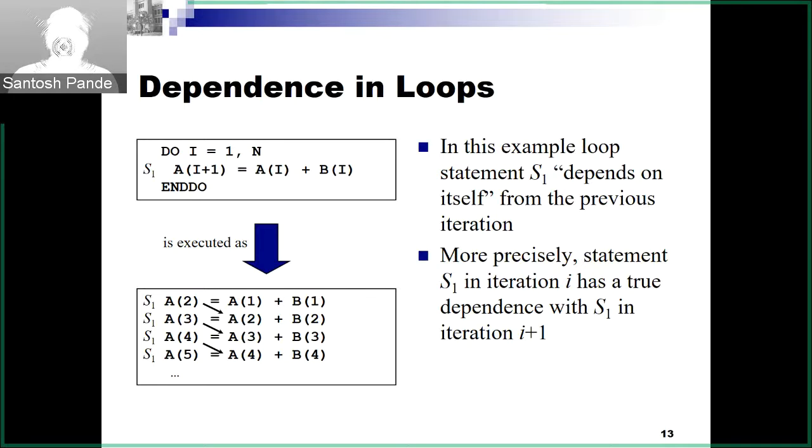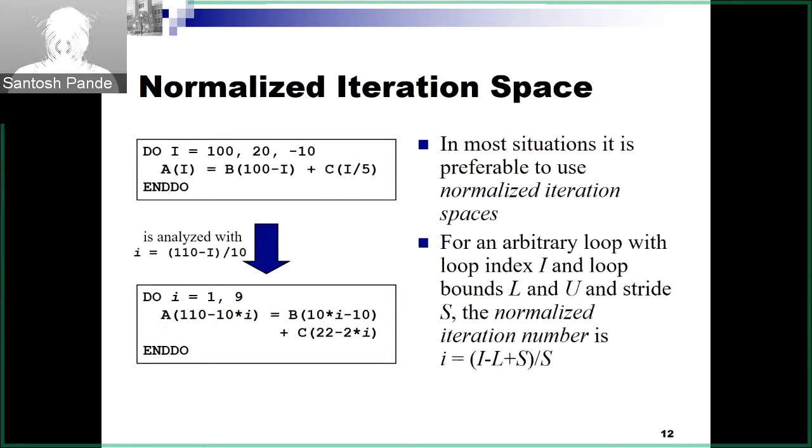So now how do we really analyze, given this particular transformation, once we have the loop normalized in this way? The big reason for that is, let's assume, two different loops, one followed by the other.